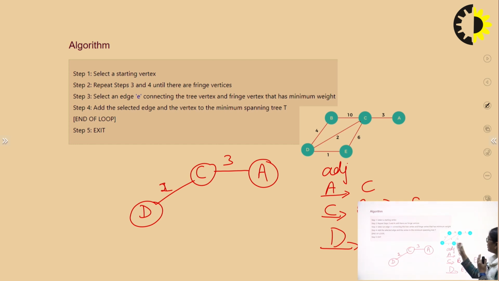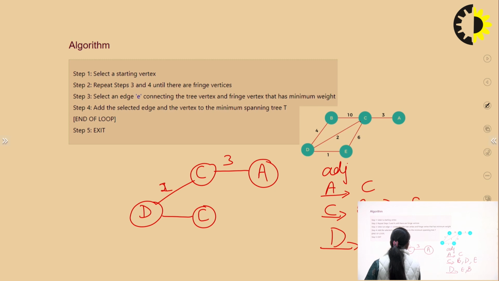Suppose if I want to discover this particular E by using C, then the cost is 6. And if we discover this particular E by using D, the cost is 1. So we can't take the path from C to E because the cost is 6. So we are taking D to E as the cost is 1.